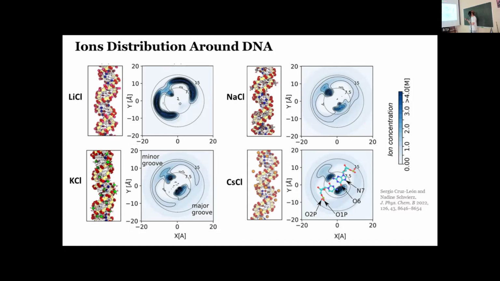These differences reflect the distinct binding affinities of the ions, and therefore, despite carrying the positive charge, alkali metal ions exhibit different spatial distributions around the DNA.